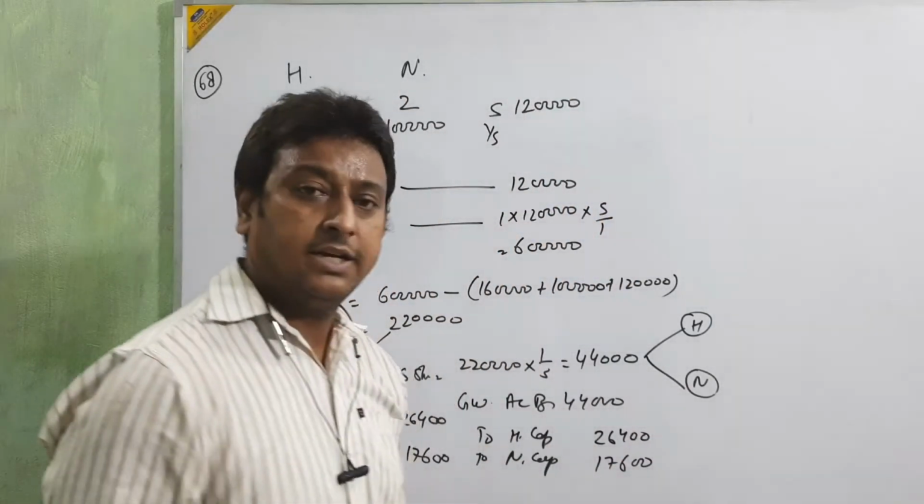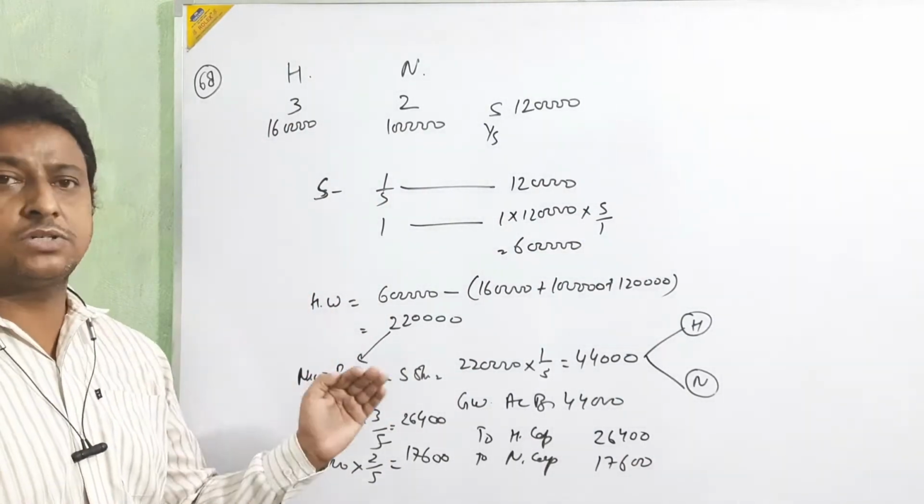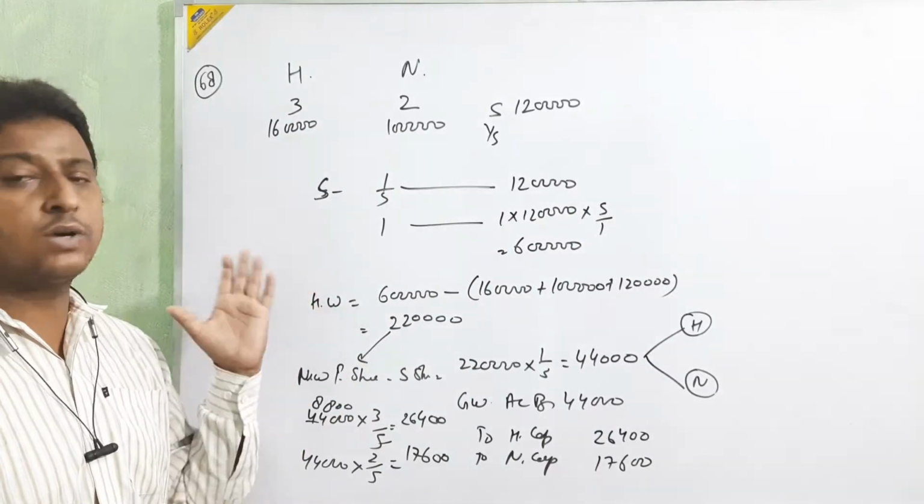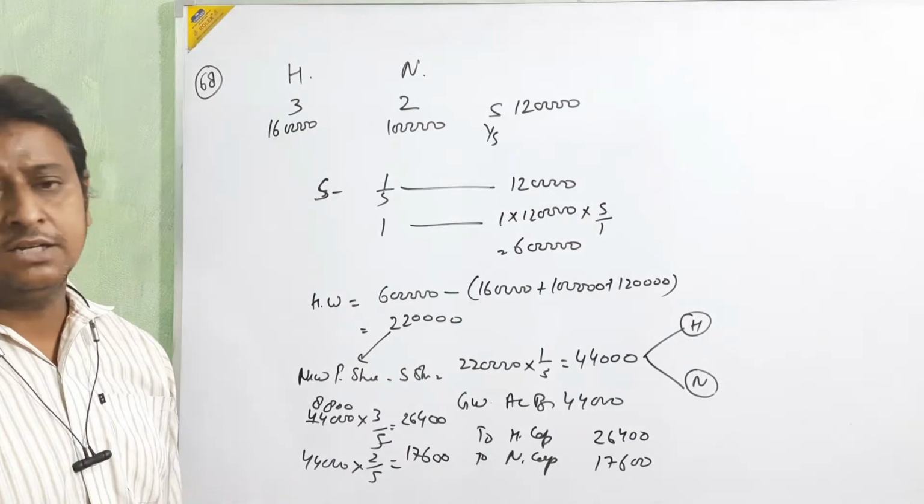Just check in the question. It's coming, beta. This is the way by which we calculate the hidden goodwill and then do the entries.